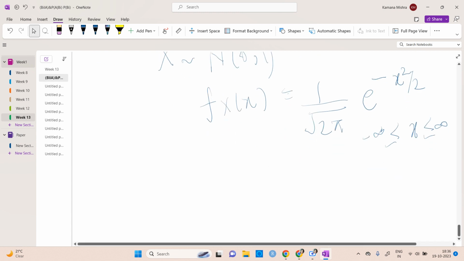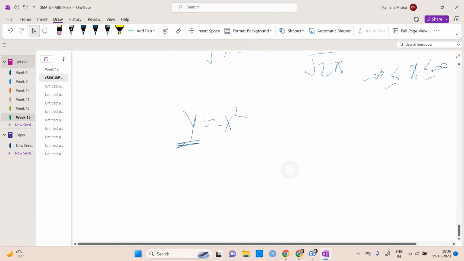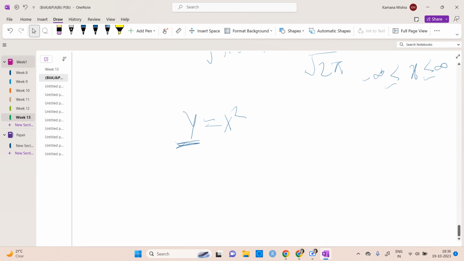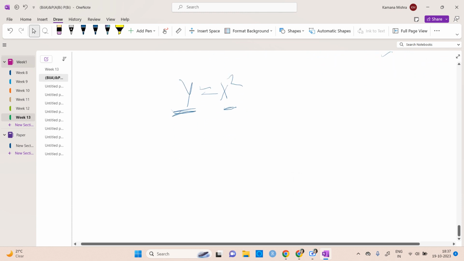Now I want to find y equal to x square, and find the PDF of this y. How can I find it? The basic thing is that we do the conversion. When you have two variables, we find the Jacobian, which means differentiation over more than one variable, but here we have one independent and one dependent variable. Then we do this differentiation.